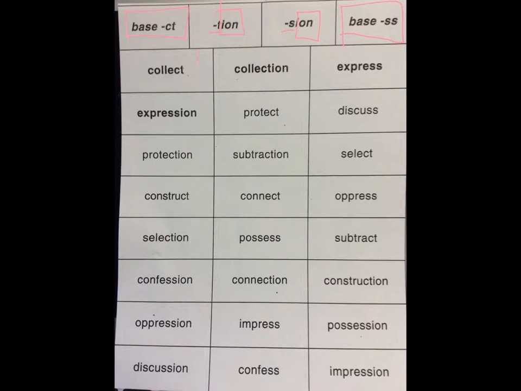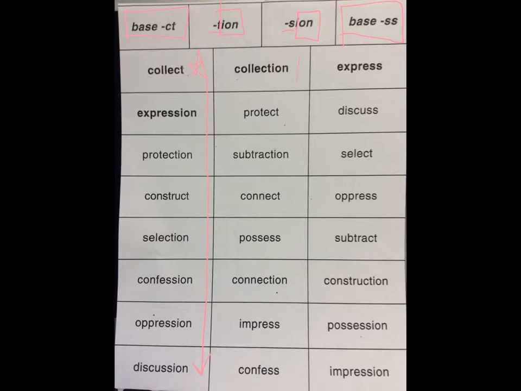We have in our first column: collect, expression, protection, construct, selection, confession, oppression, discussion. Oppression meaning that somebody is not being included or given what they need to be given because of a certain reason.